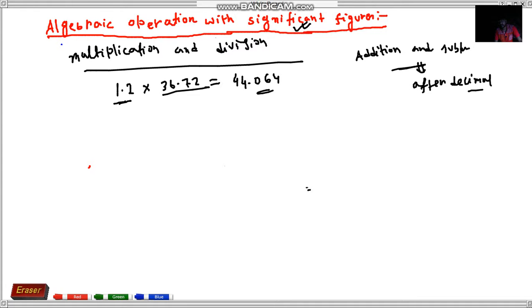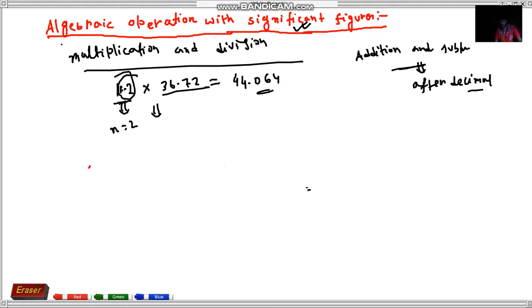Out of these two, we find the one with the least number of significant digits, and we round the result to that number of significant digits. For addition and subtraction we looked at the digits after the decimal, but here we look at the total. Here 1.2 has 2, but 36.72 has 4. We consider the least, which is 2.